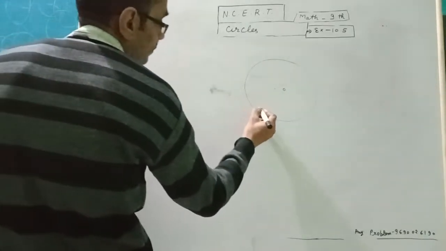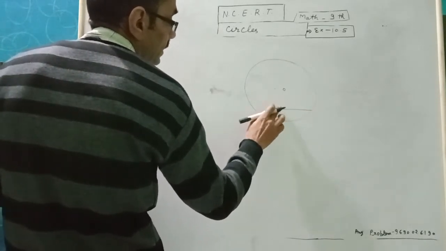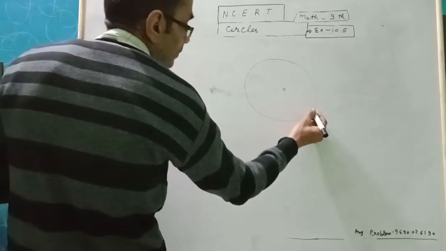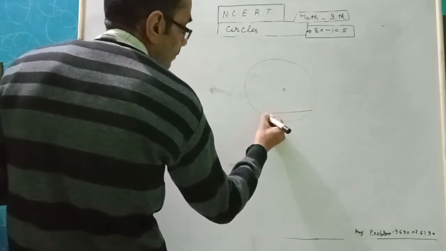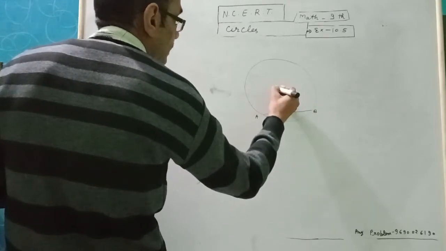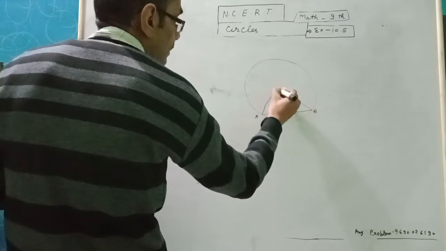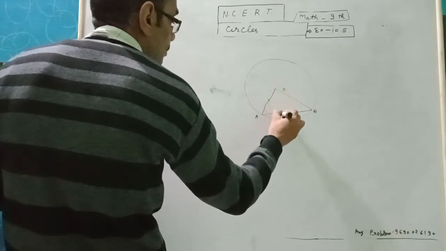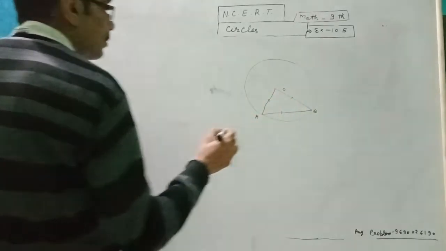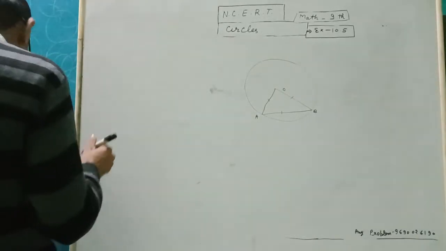Chord AB is the chord. OB, AB or OA is equal to R.